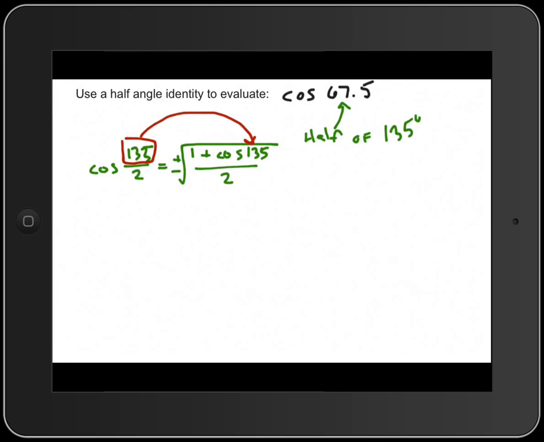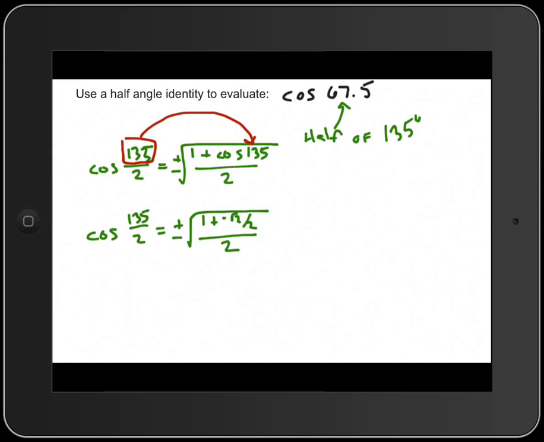We get a little bit of clarification on what the cosine of 135 is. So let's take this cosine of 135 over 2, positive or negative, square root of 1 plus, and on the unit circle it says 135 is going to be a negative root 2 over 2 all over 2.